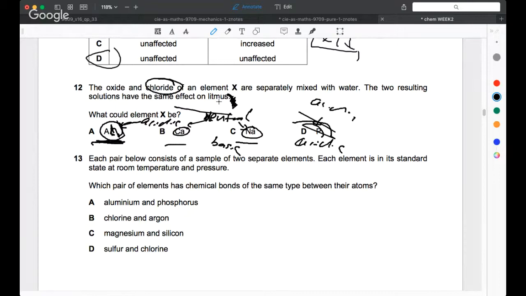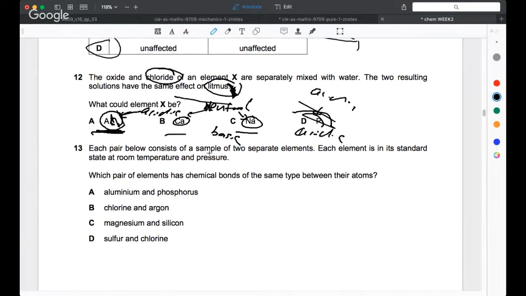There are ones to test acid, which change color if it's acid, and ones to test base. There are also pH indicators. But it doesn't matter which one you have. What they're literally asking is which one has an oxide and a chloride with the same acid-base property.